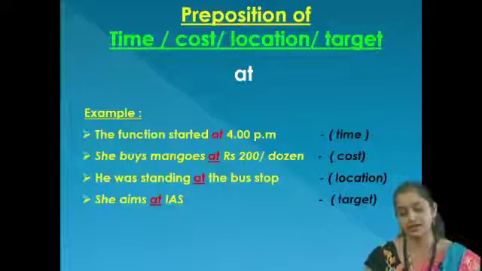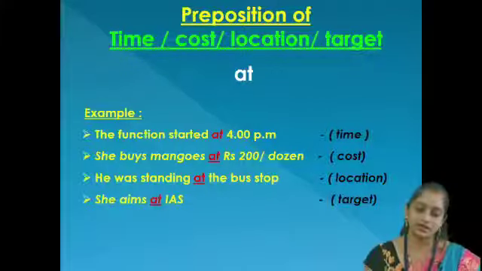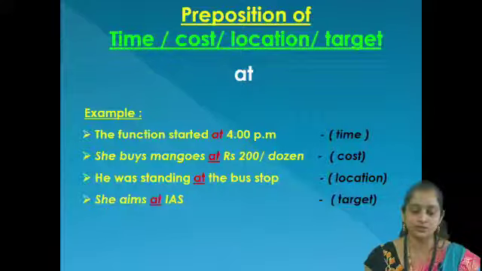For example, the function started at 4 p.m. Here, the preposition is at and it indicates time. Second example: she buys mangoes at rupees 200 per dozen. Here, the preposition is at and it indicates cost.